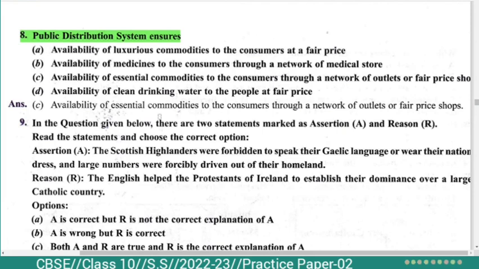Here the correct answer is option C, that is availability of essential commodities to the consumers through a network of outlets or fair price shops.